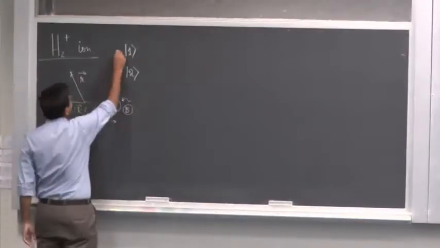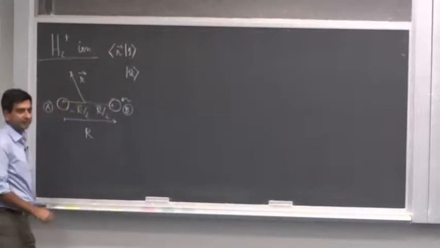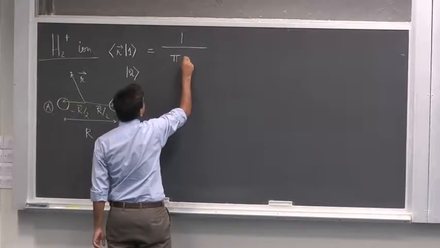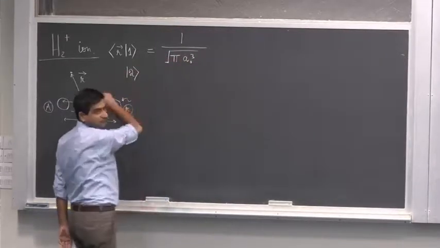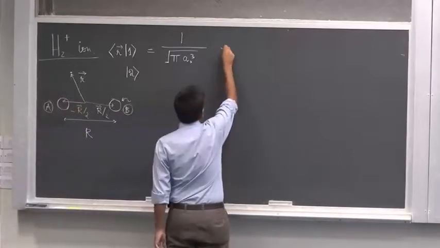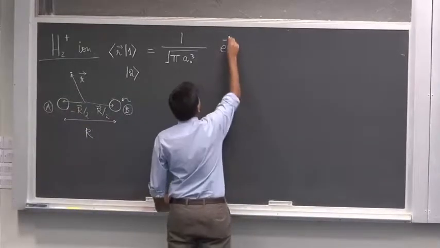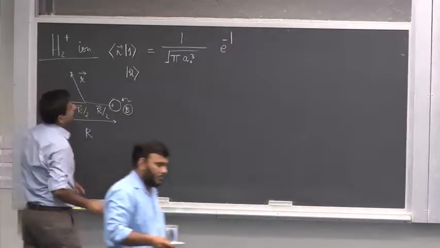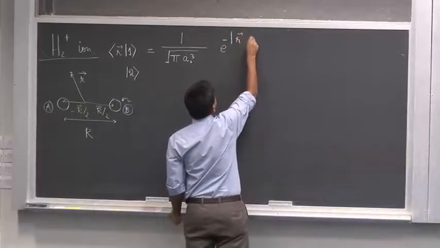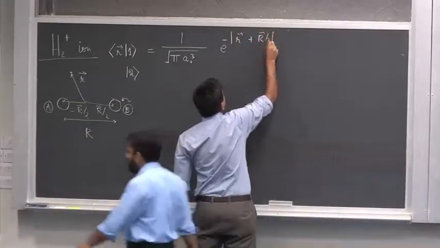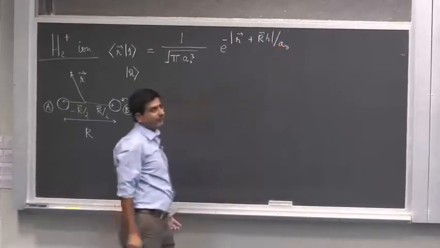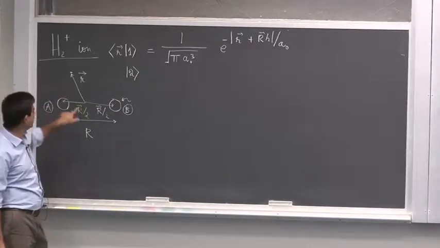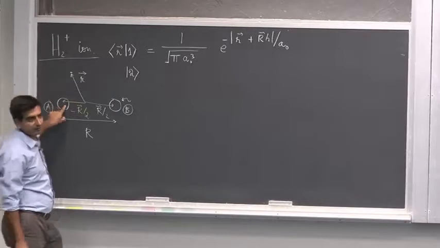In the position representation, in the ground state, this is simply 1 over square root of pi a naught cubed, e raised to the power minus the distance r plus R by 2, over a naught. So this is what ket 1 really means. It's an atomic orbital in which the electron is associated with nucleus A.